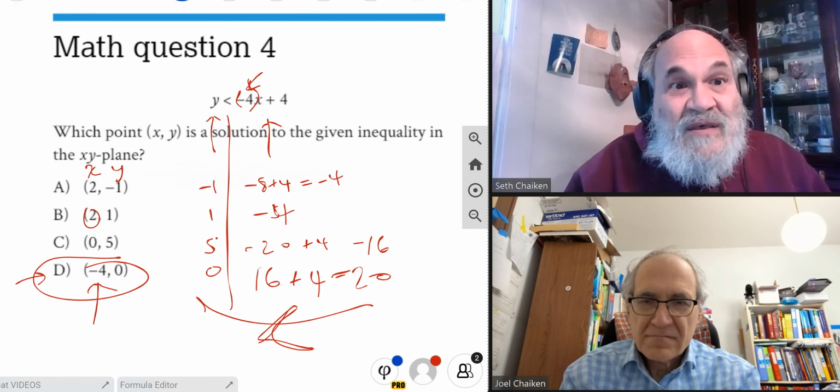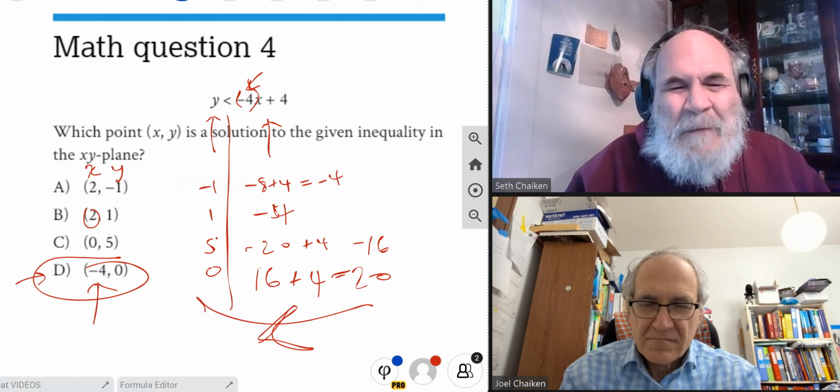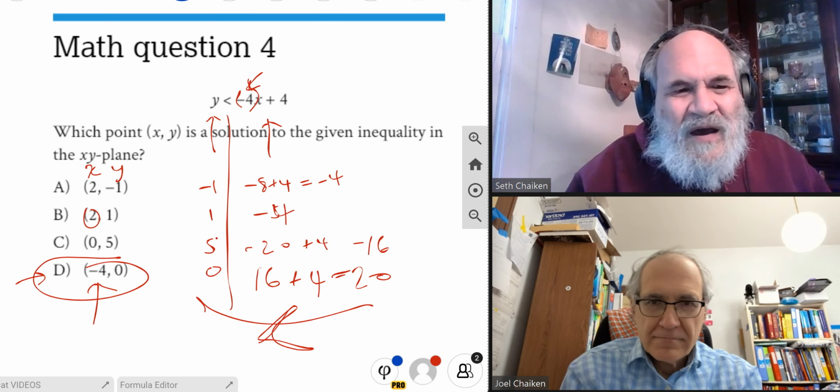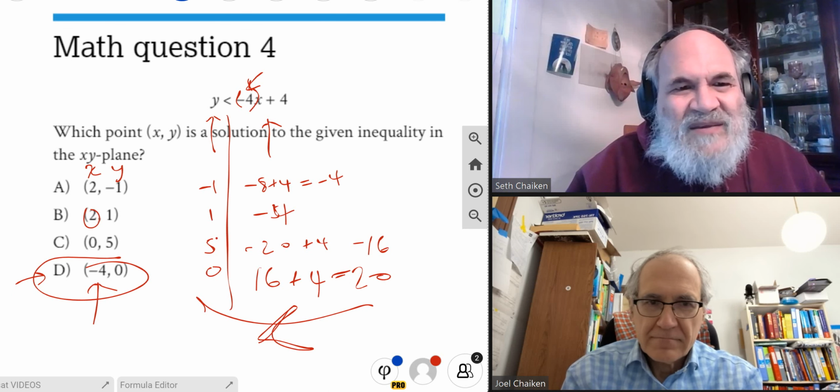And so here we have -4, and then -4 times -4 is +16, which is really big, and a positive number is added to it, so we get very, very positive.